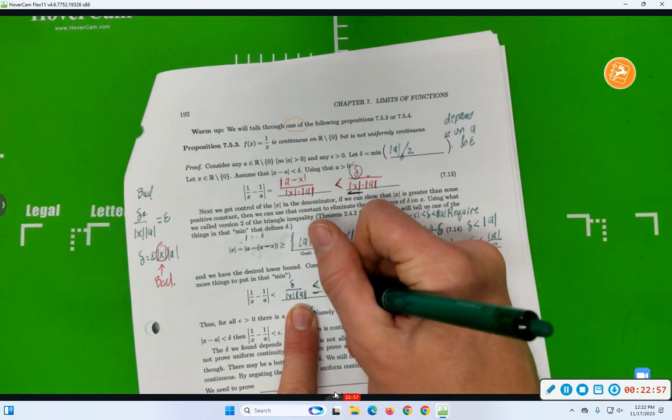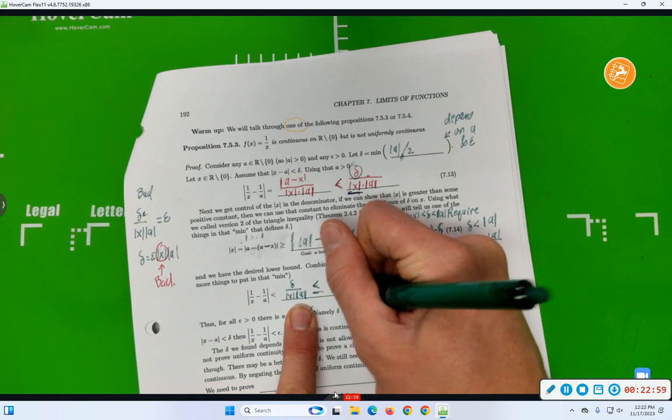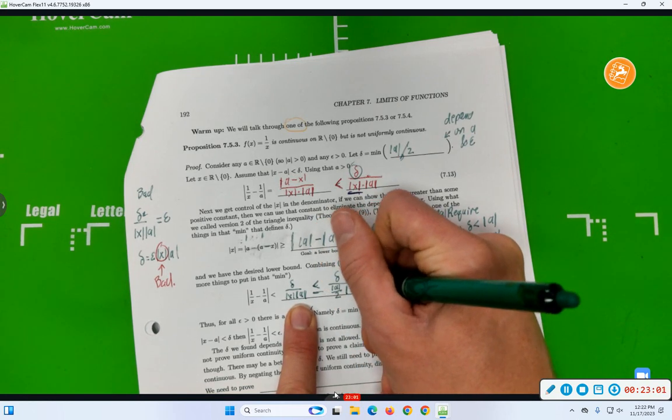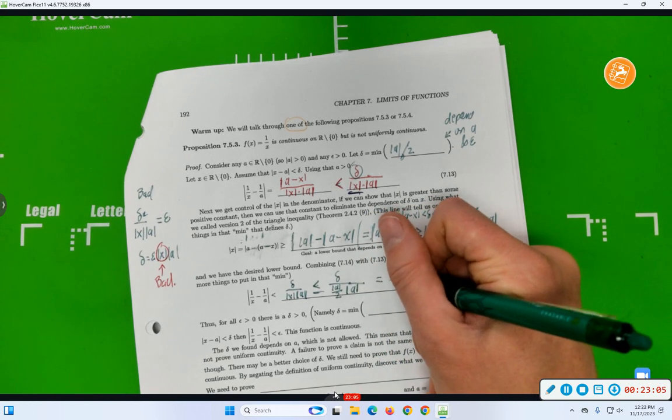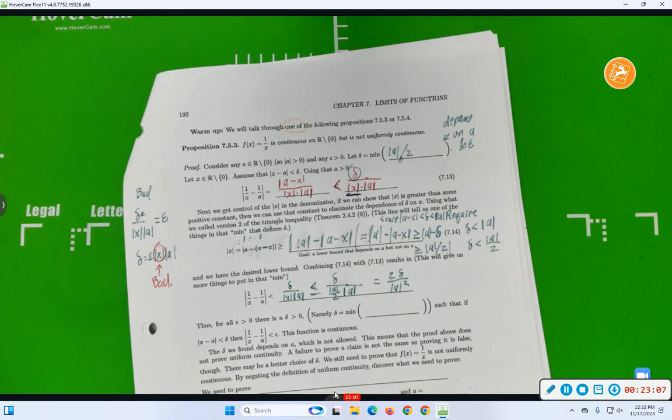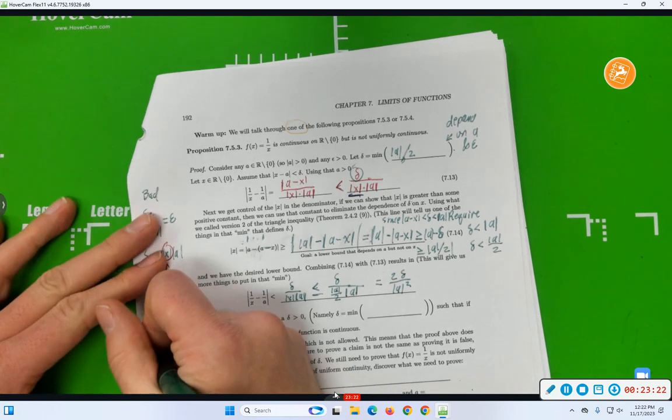Delta over absolute value of a over 2, absolute value of a. Is that now something we could set equal to epsilon and solve for delta? I think so.